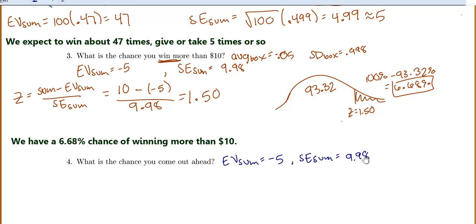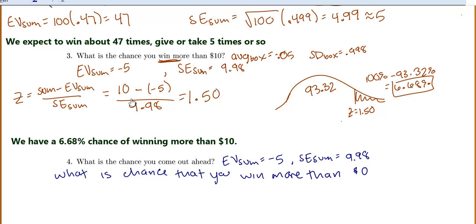And we're looking for what is the chance that we come out ahead? So that means what is the chance that you win at least, or you win more than $0. So that's what we're really asking.